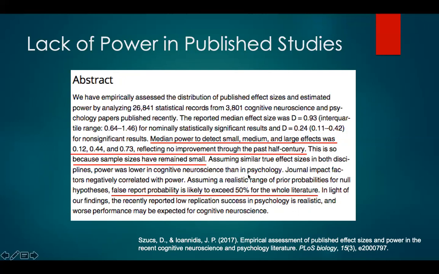Now, assuming a realistic range of prior probabilities for null hypotheses, the false report probability is likely to exceed 50% for the whole literature. So this means that because sample sizes are so small in many of the published studies across different scientific fields, there's a good chance that 50% of the results published in academic journals aren't true.